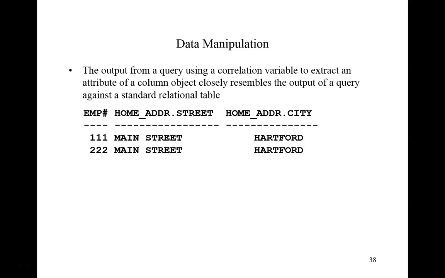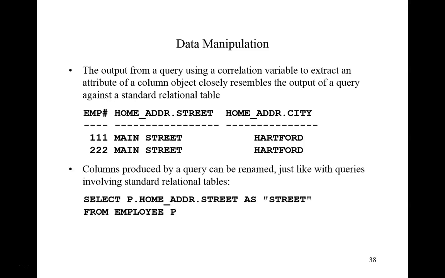The output of a query using a correlation variable to extract an attribute of a column object closely resembles the output of a query against a standard relational table. Of course, the column headings show this dot operator, home address.street, home address.city, but effectively we've simplified the result just as if it was something like select asterisk from a standard relational table.